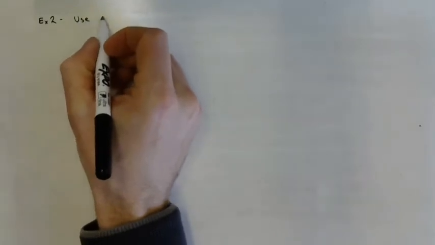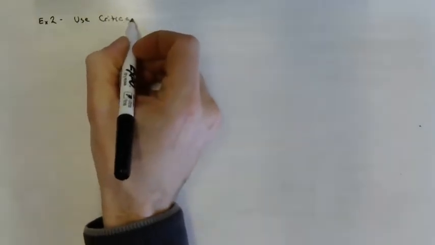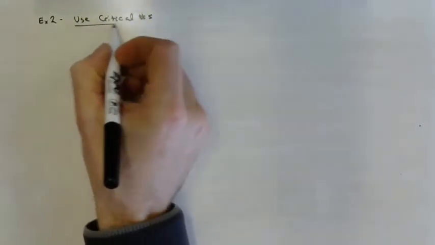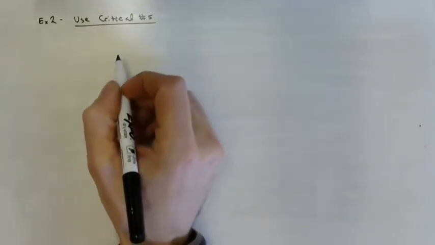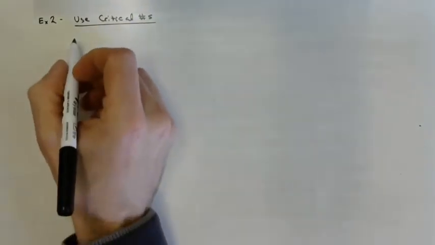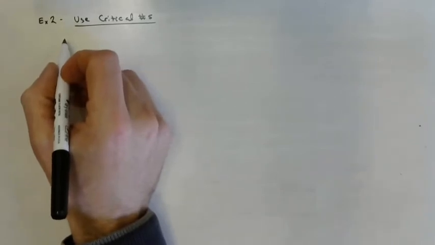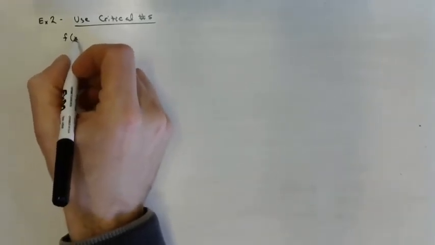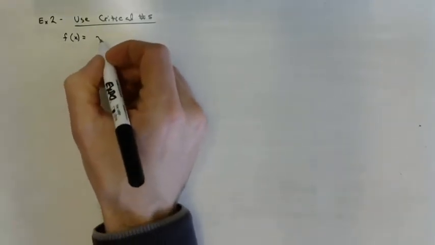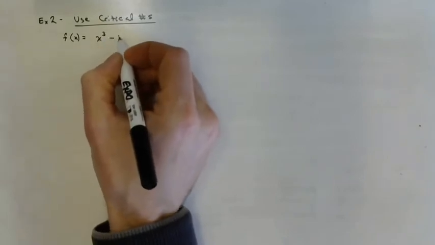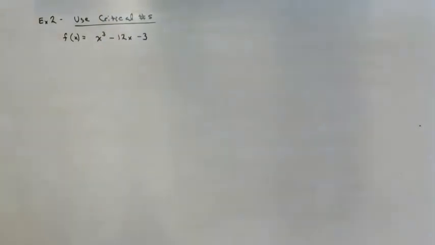And in example 2, we're going to use critical numbers. Remember, a critical number is anywhere that the graph changes directions, which means it's going to be where the derivative is equal to 0. So the function that we're given is f of x equals x cubed minus 12x minus 3.